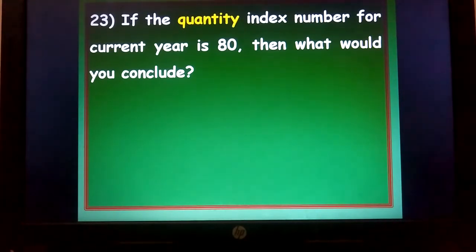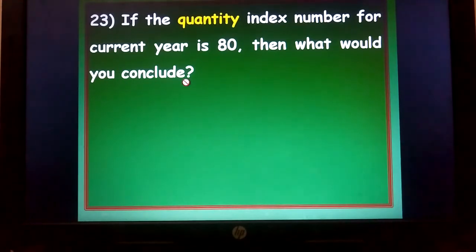That's why it will be written: 20% decreased in quantity level of commodities consumed. So the answer should be: 20% decrease in the quantity level consumed in the current year as compared to the base year.